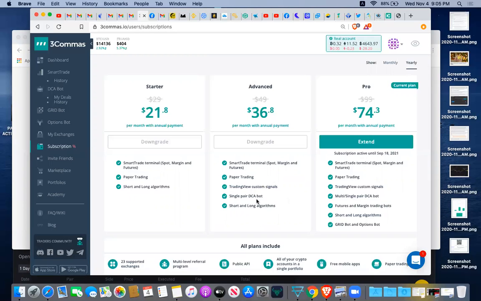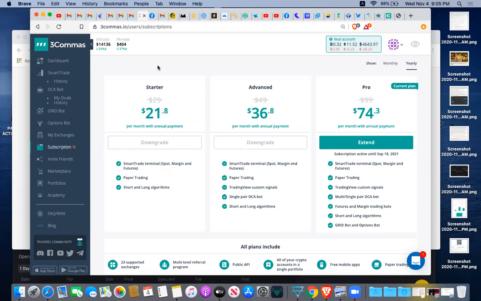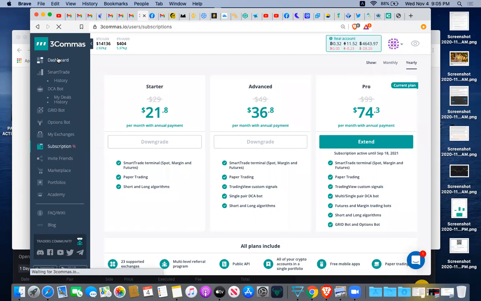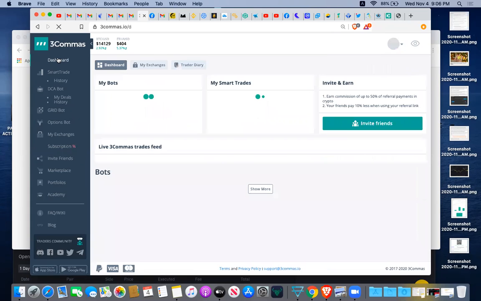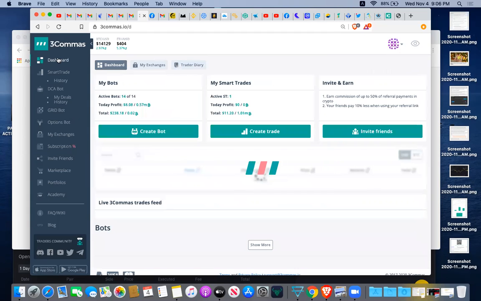You can do multiple or composite trading, so we have multiple and single pair. Short and long algorithm, so you can have futures and margin trading bots. You can also have grid bots.